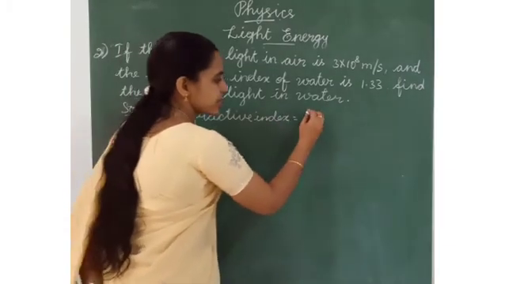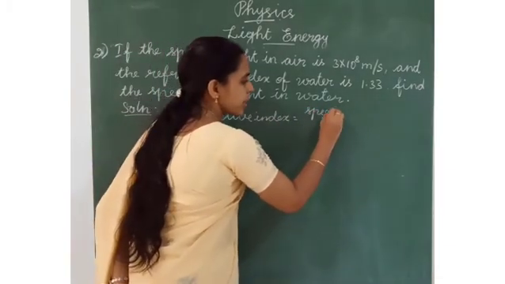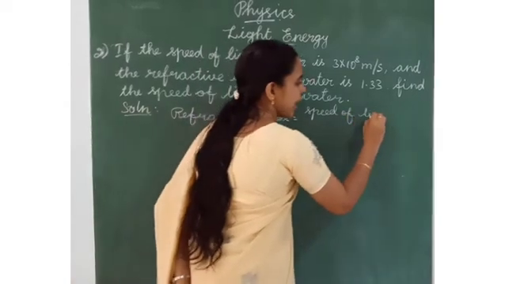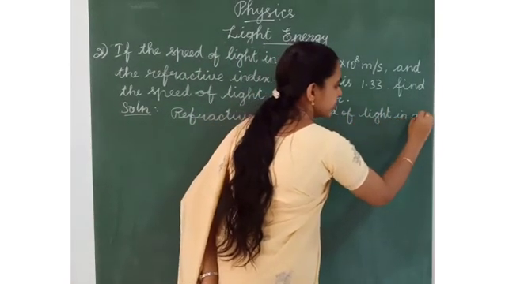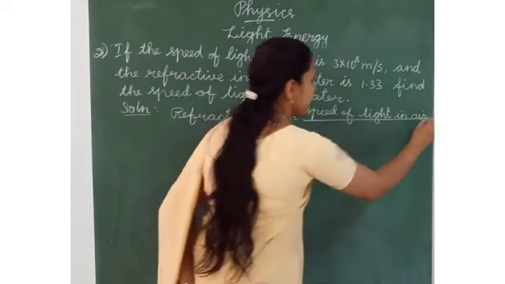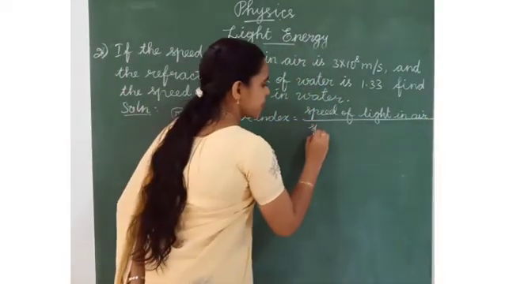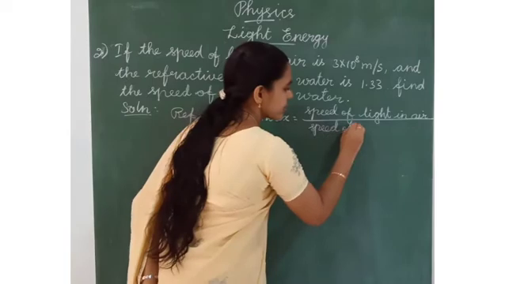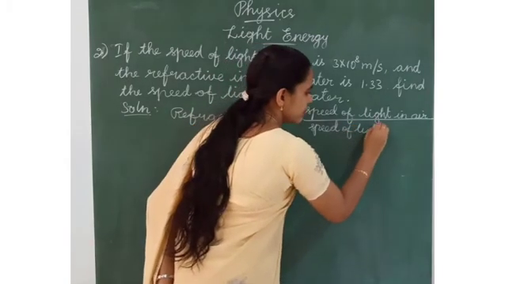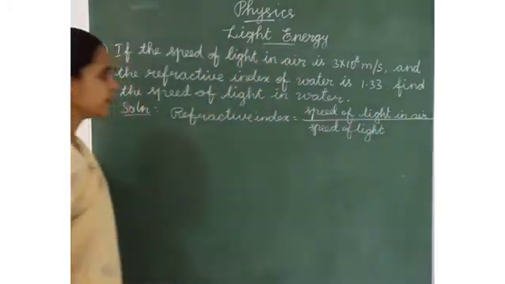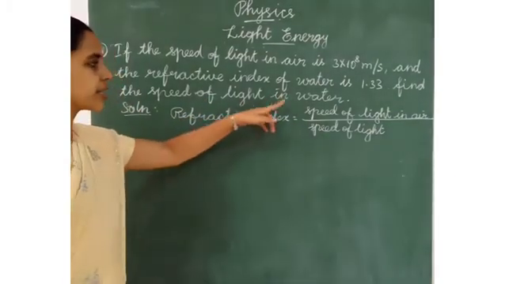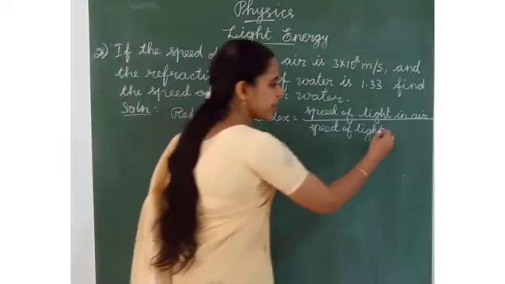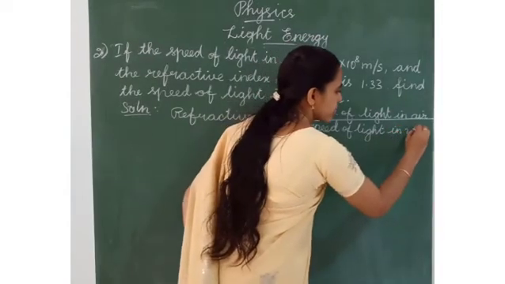Refractive index is equal to speed of light in air divided by speed of light in another medium. Find the speed of light in water, so the other medium is water. Speed of light in water.